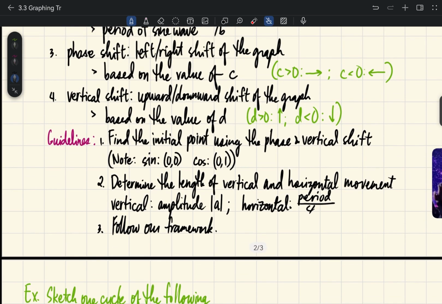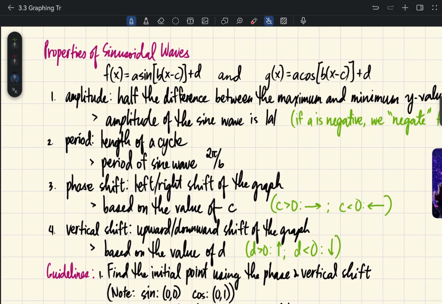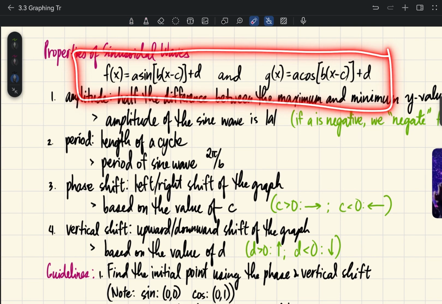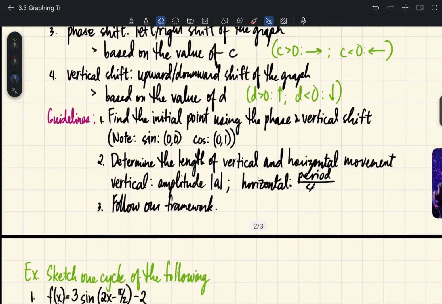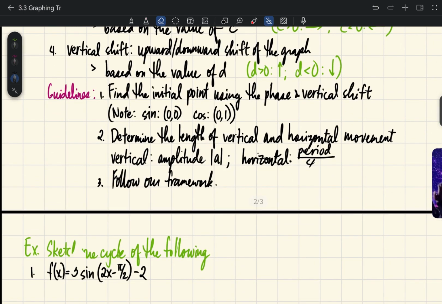So what we'll do, first and foremost, is write our function in this form right here. You already have your A here, you already have your D. So take note, we have A sine of B times x minus C plus D. What we have to do is write the inside of the sine function into this form.